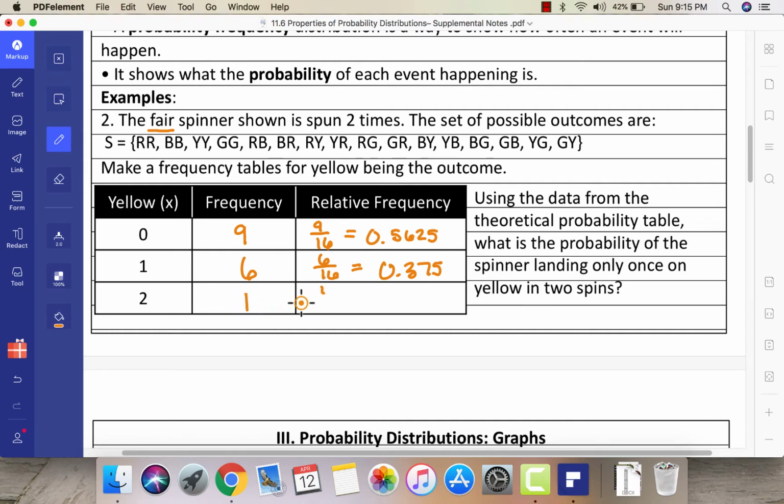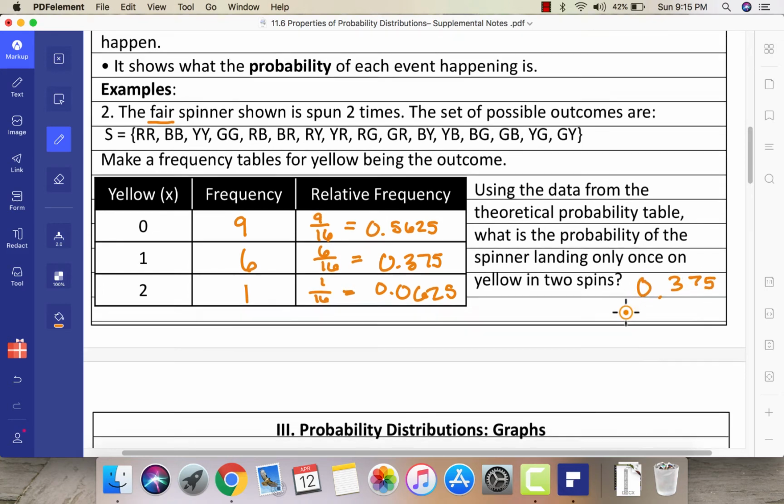So that would be 1 out of 16, and that would be 0.0625. Using the data from our probability table, what is the probability of the spinner landing only once on yellow in the 2 spins? So once on yellow, and that's going to be 0.375.